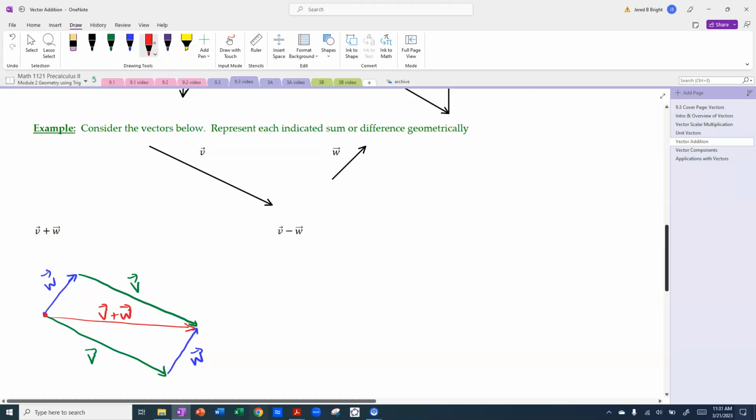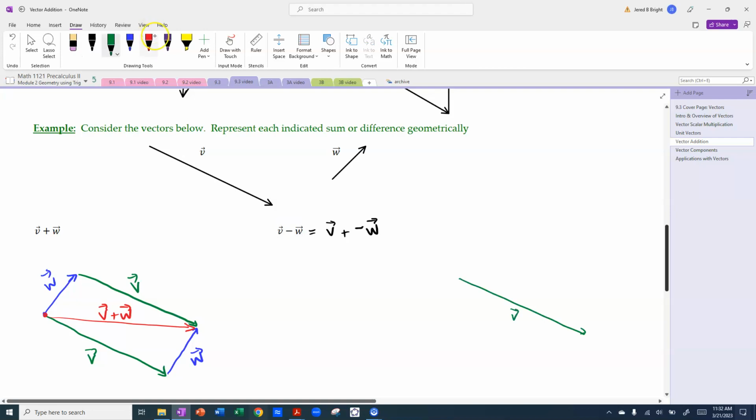Okay, that's fine. V minus w, that's a harder question for us to answer. Mathematically, we didn't learn about subtraction, but remember, subtraction is really just adding the opposite. And that's how we're going to complete this. I need to move this just a smidge. I'm going to do this off to the side here. So here is v.